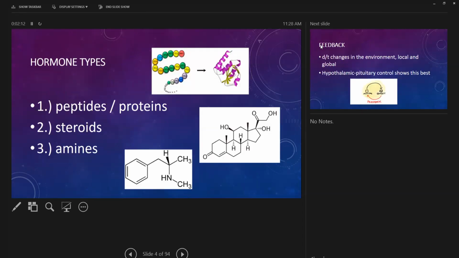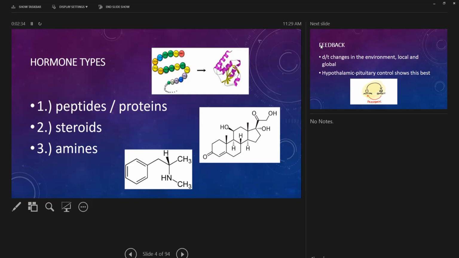So it's important to just kind of review some of this basic physiology. We've got different hormone types that are active within the endocrine system as well as the rest of the body. We've got peptide hormones, which are derived from amino acids and can create, if folded correctly, structures such as proteins.